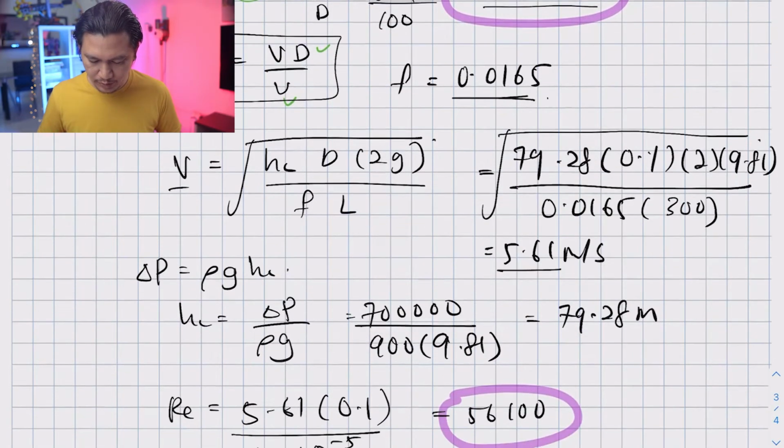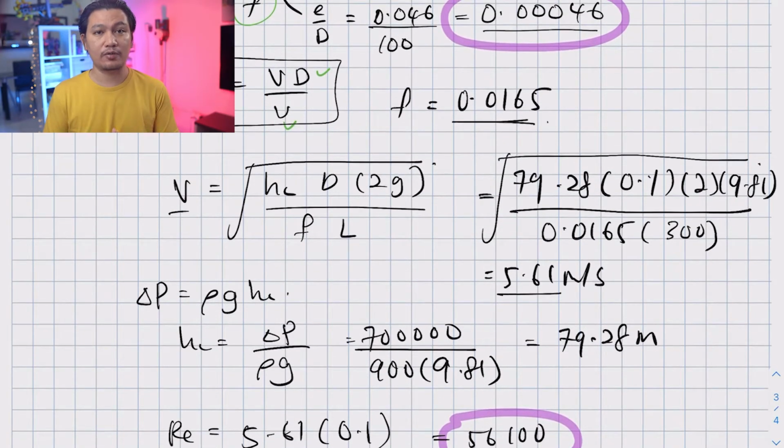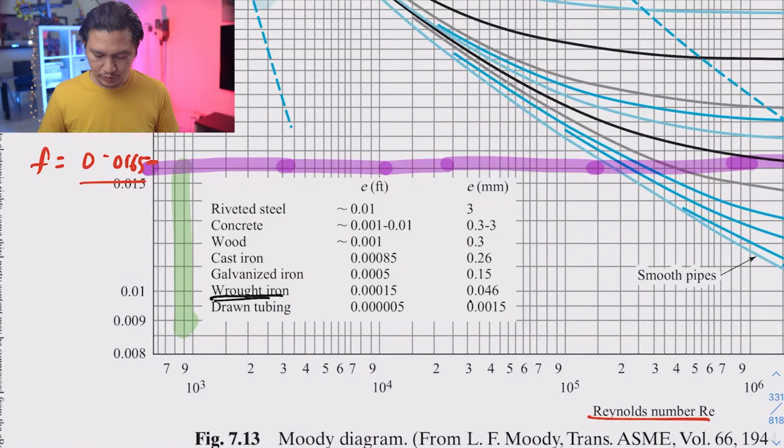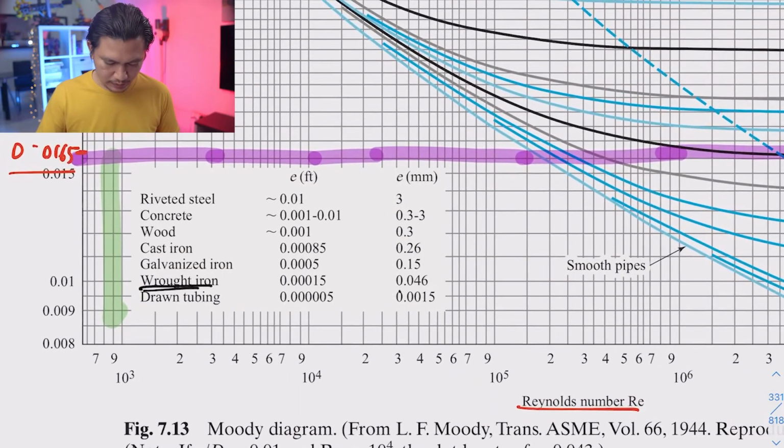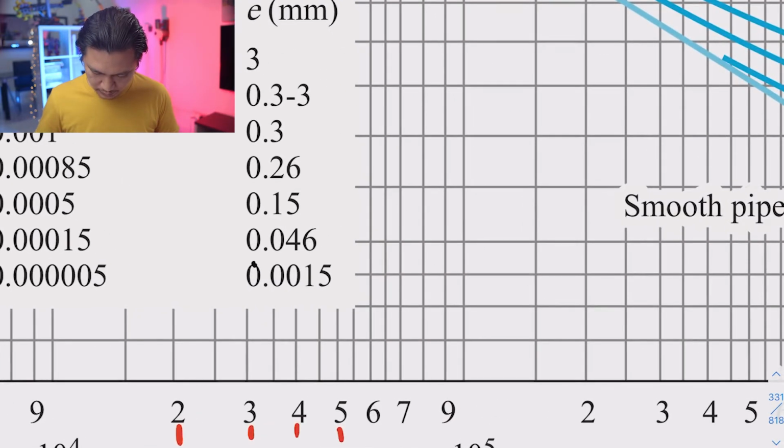So let's use this combination and find our f, or friction factor, for the first iteration. Okay, so 56,100 should be about here. So this is 20,000, 30,000, 40,000, 50,000, and this is 55,000.